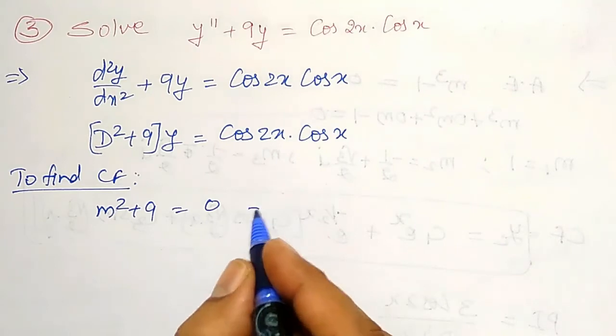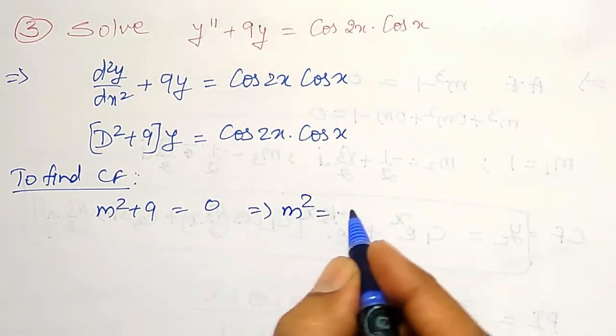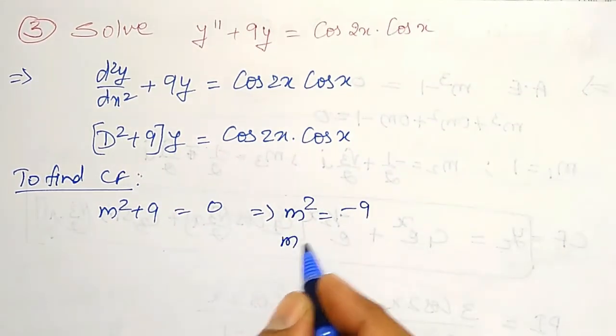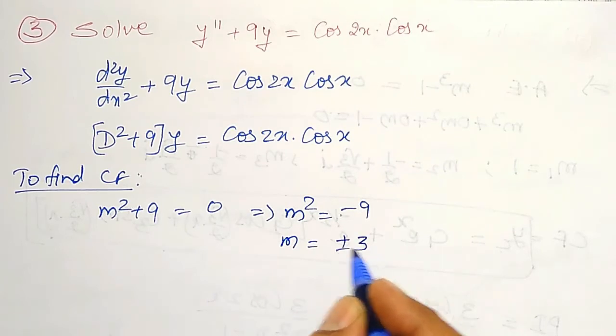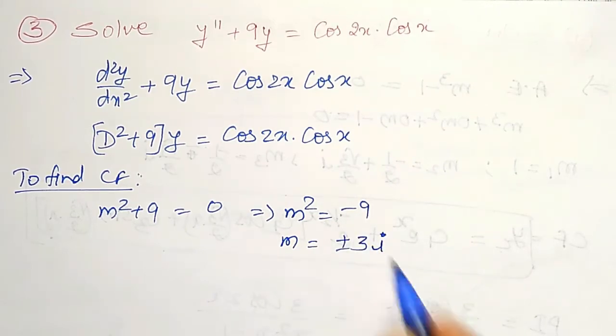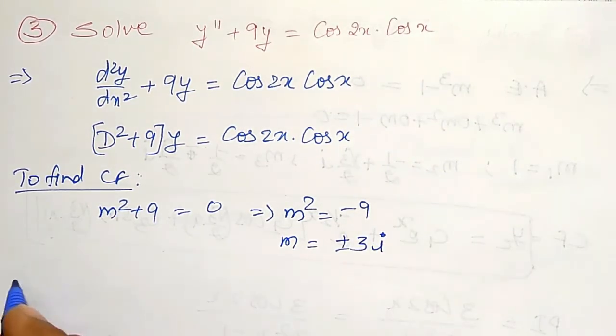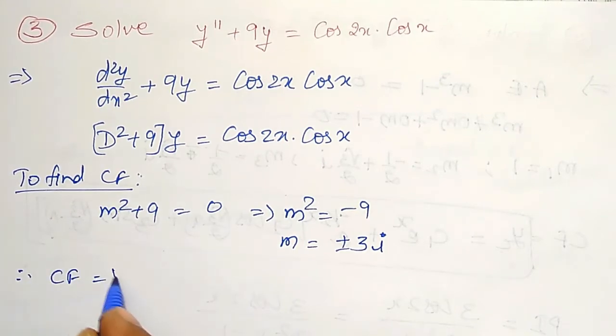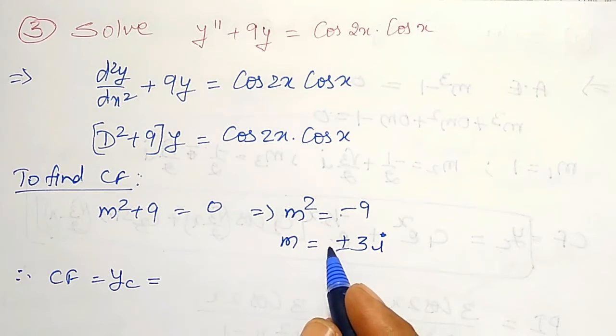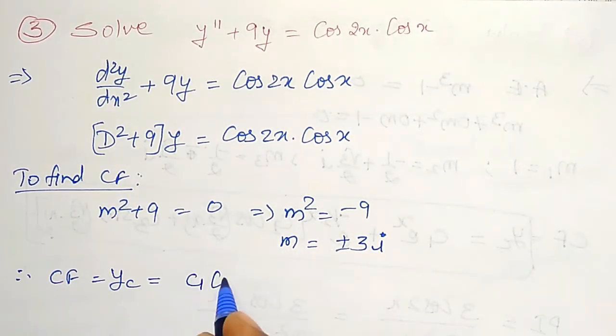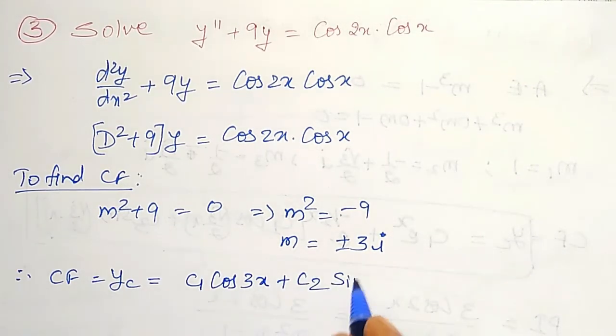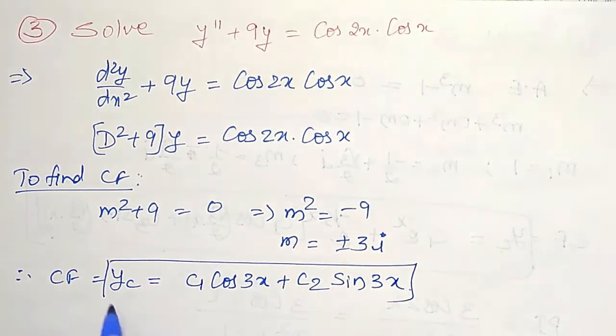Therefore m square equal to minus 9, therefore m equal to plus or minus 3i. The real part is 0 and the imaginary part is 3, therefore yc equal to c1 cos 3x plus c2 sin 3x.